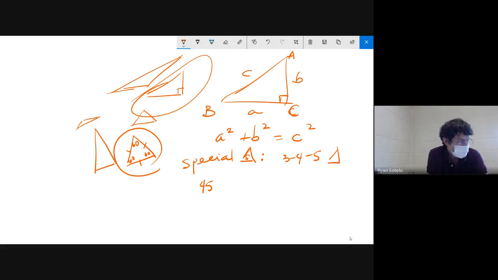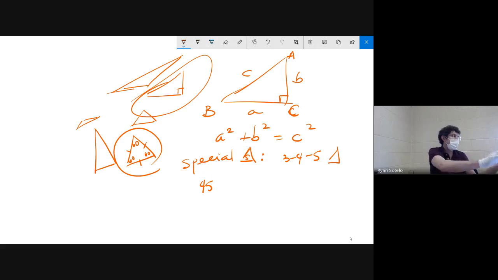So one of our special right triangles had 45 as one of the angles. What were the other angles? One has to be 90. The other two have to add to 90 as well when you add them up.